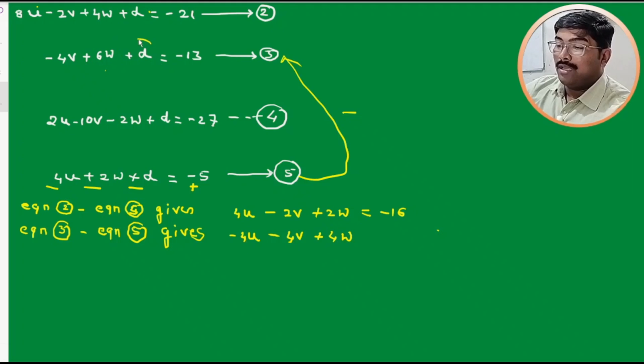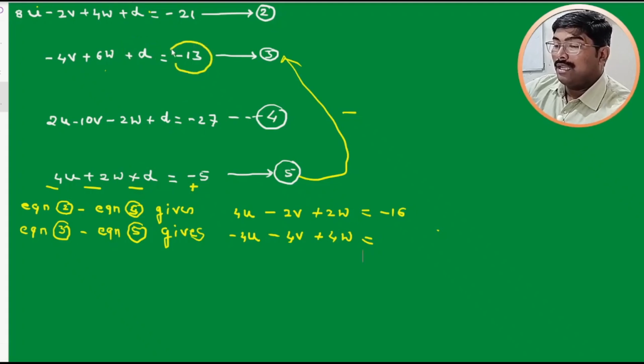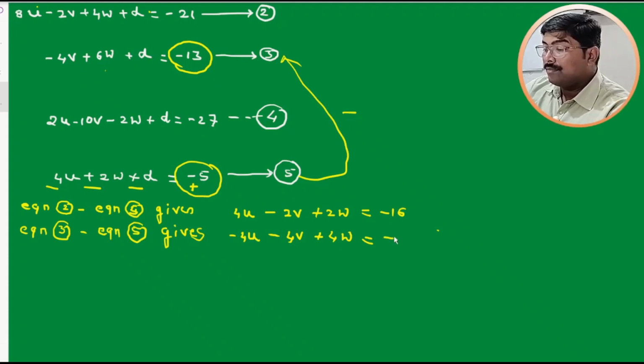From equation 3 we have plus d, and after subtracting from equation 5 we have minus d. So plus d and minus d get cancelled, is equal to, right hand side in equation 3 we have minus 13, and in equation 5 after subtracting we have plus 5. So minus 13 and plus 5 is equal to minus 8.